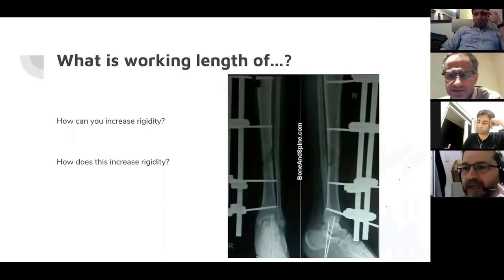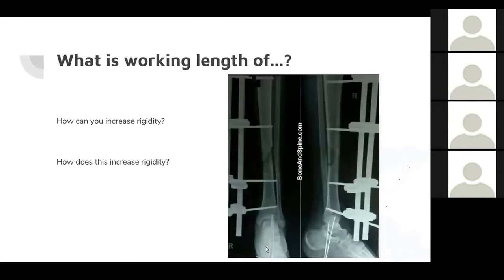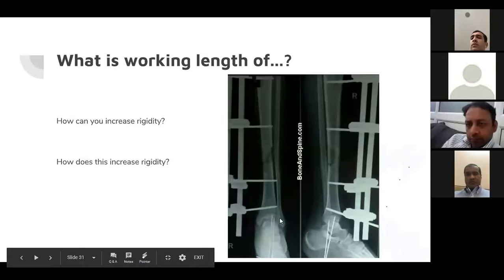Excellent. In addition, I could increase the number of pins on each side. Do you think that's going to make a big difference? No, that's the least of all of the factors, but that adds as well.